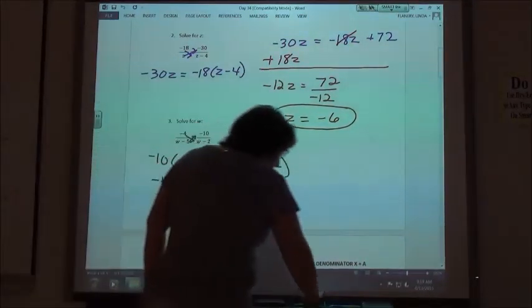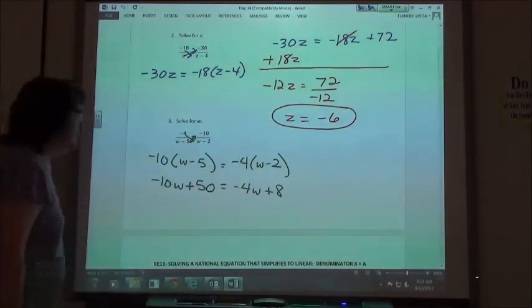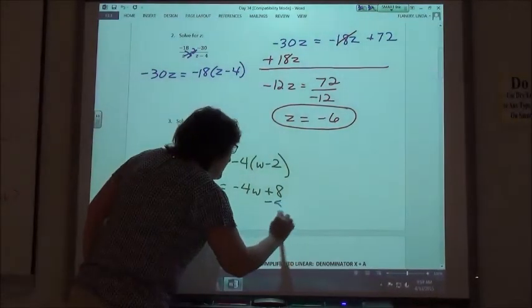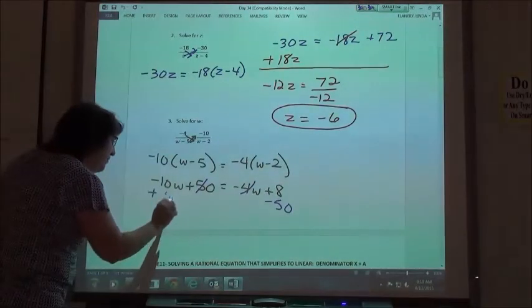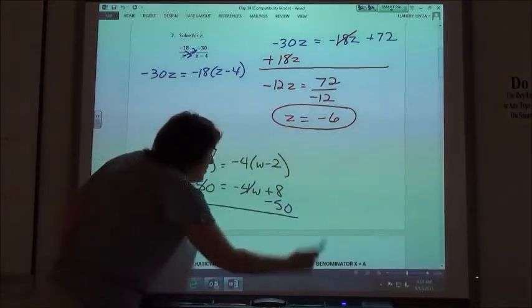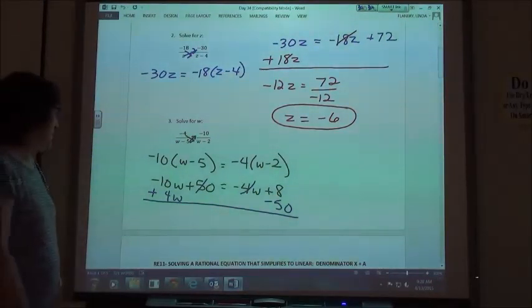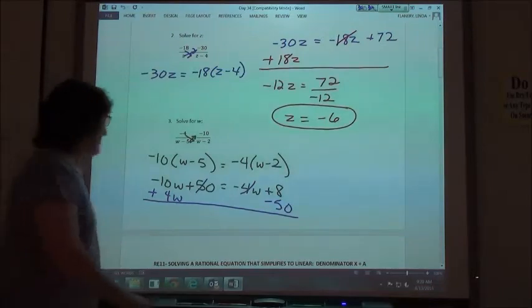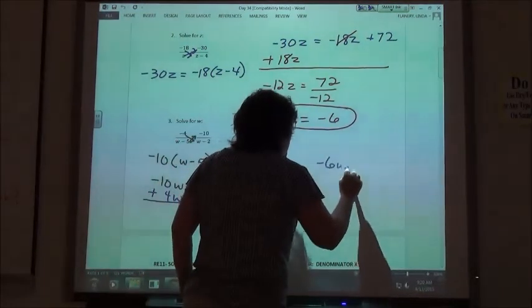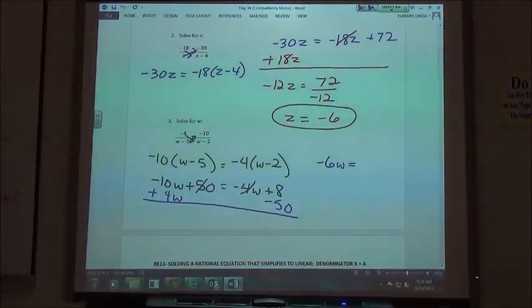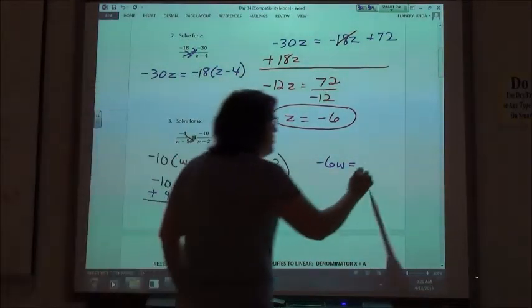So solving that for w, we would want to minus the 50 and plus the 4. Minus our 50 and add our 4w, so we can move our variables to the left and our numbers to the right. Combining our like terms then, we would have negative 6w equals negative 42.